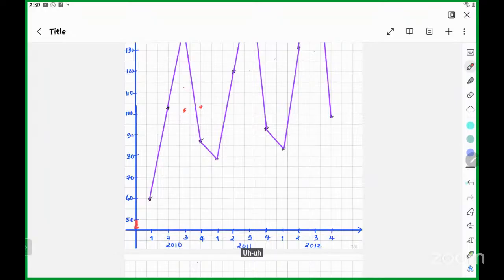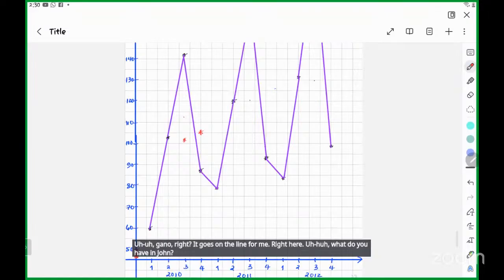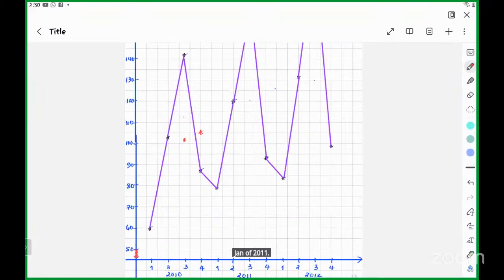It goes on the line for me right here. What do you have in Jan of 2011? The trend. 109. 109 would be here.